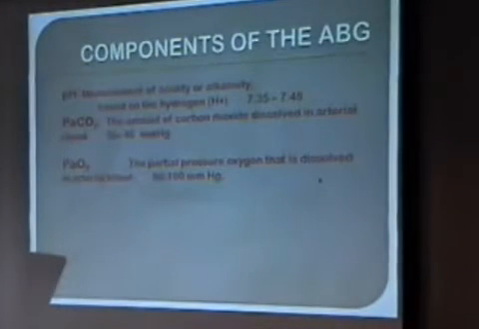Okay, so pH is a measure of the acidity or alkalinity. Neutral is 7, so our blood is alkaline. PCO2 is dissolved carbon dioxide in the plasma, and PaO2 is the partial pressure of oxygen that is dissolved in the plasma.